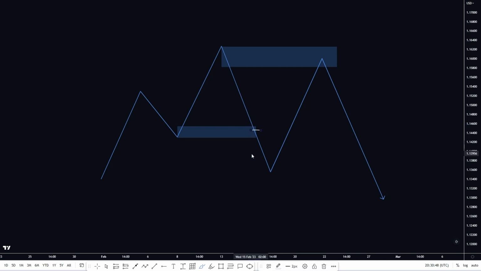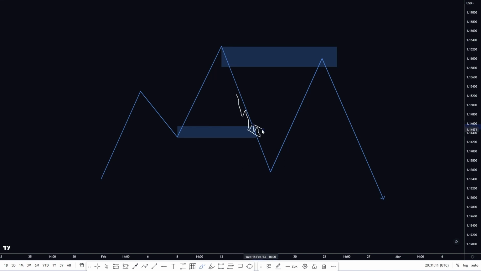Now, how else could we actually get involved in this area? Because I don't want to just buy it. We could also look for one of our candlestick structures. Now we've been taught continuation candlestick structures and we've been taught reversal candlestick structures. So say, for example, we're coming in, we're pushing down, and then we start some kind of descending price action. We know all about descending channels and how they're a sign of reversal.